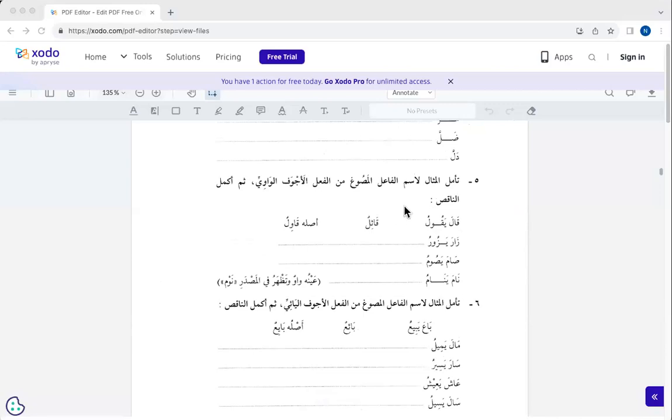so what we have to also note is that if the fi'l is ajwaf, the middle letter is a weak letter, then we have one of two options.